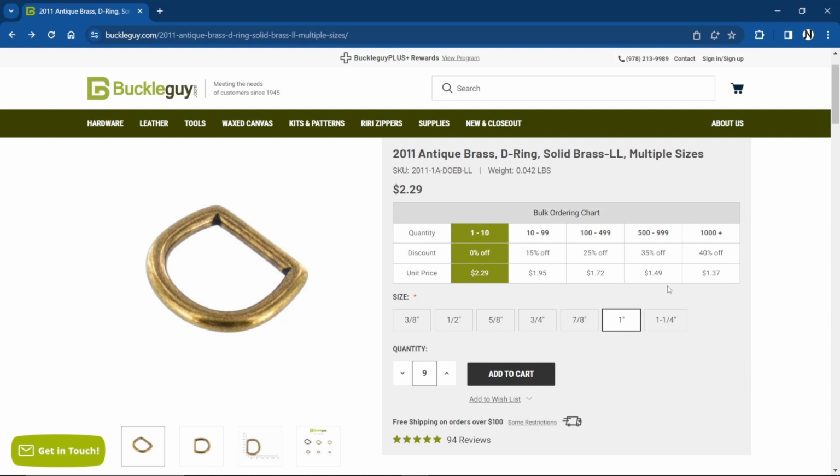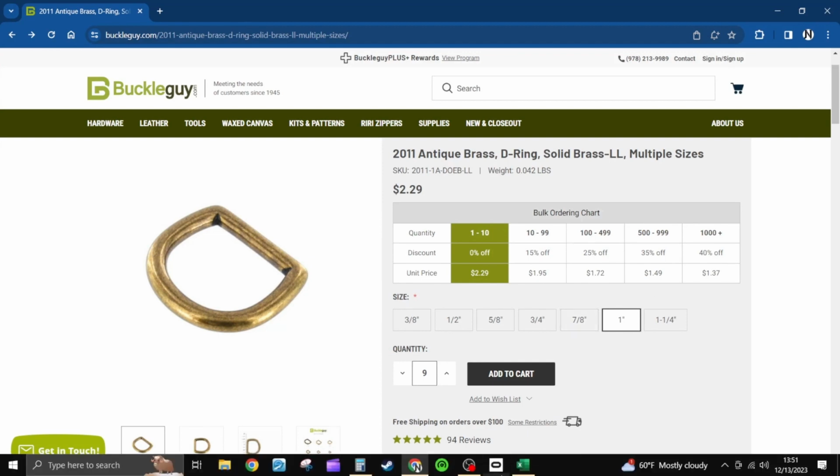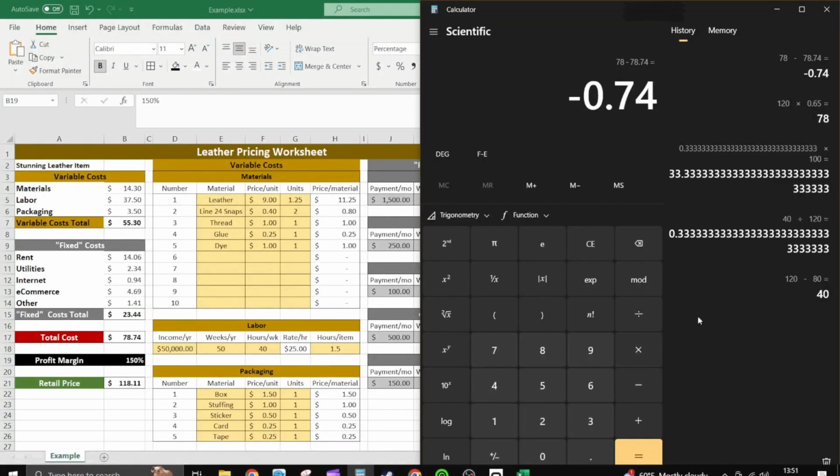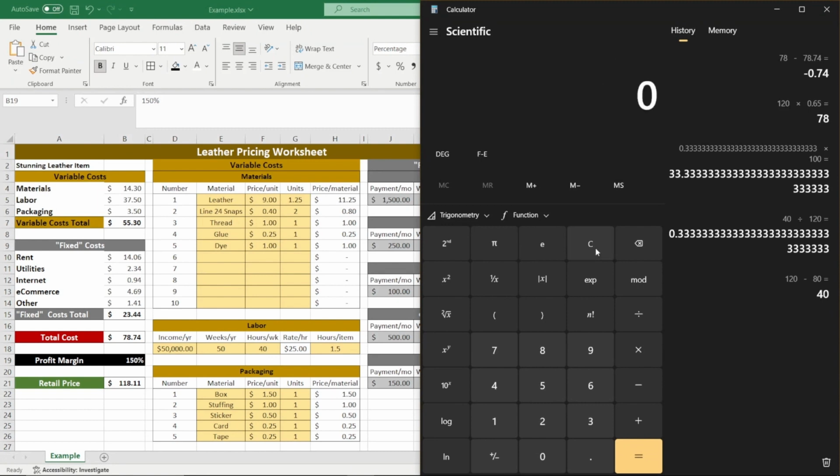Anyway, just so you understand, the reason they're able to offer 40% off is probably because they have margins like 175 all the way up to maybe 200%. And if you want margins like that, you can absolutely do that. All right, it's entirely up to you.